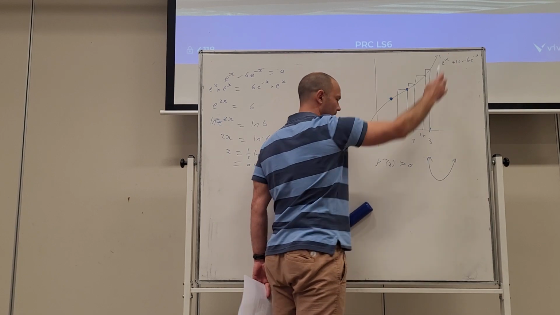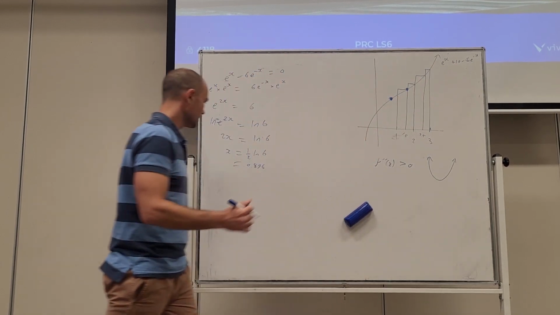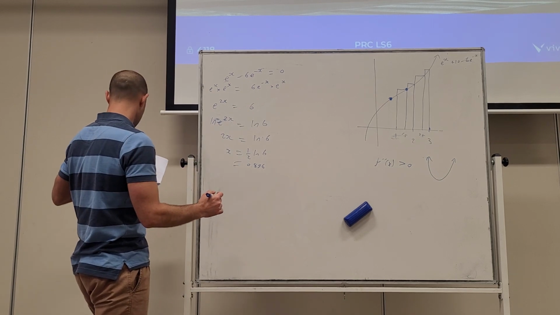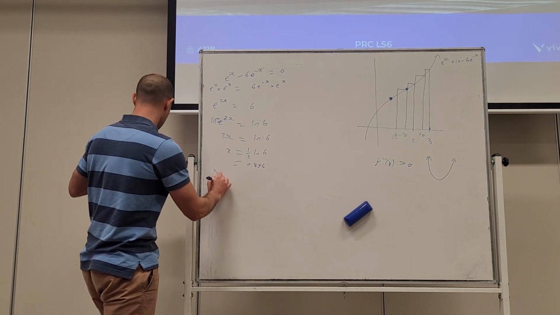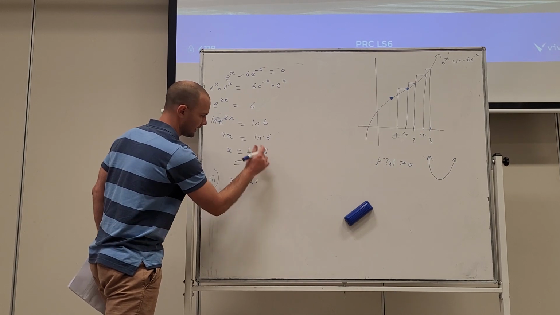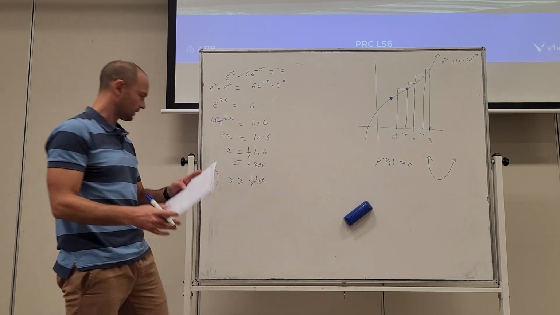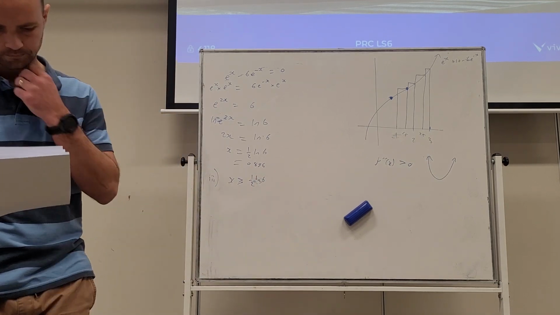The second derivative is positive over this interval. So the answer to part 3 is x is larger than or equal to half ln6. They'll accept 0.896 as well if you didn't get the half ln6.